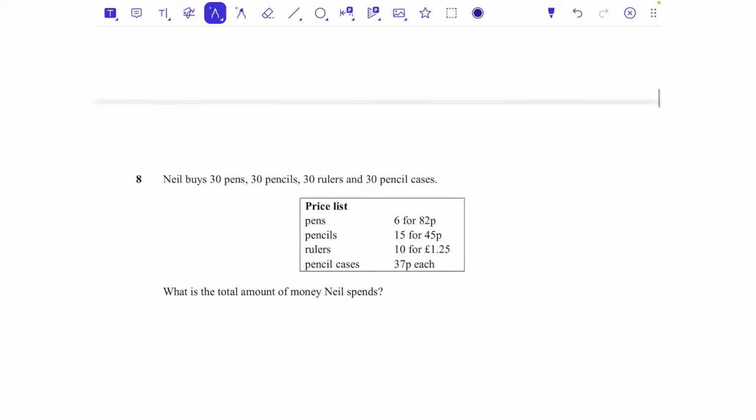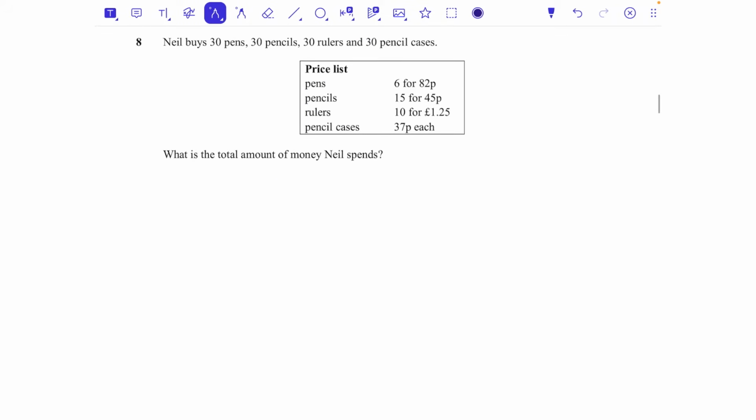Perfect. Question number 8. Neil buys 30 pens, 30 pencils, 30 rulers and 30 pencil cases. What is the total amount of money that Neil spends? So for pens, he can get 6 for 82p. If we times that by 5, we'll get 30. So I need to do 82p times 5 for my pens.